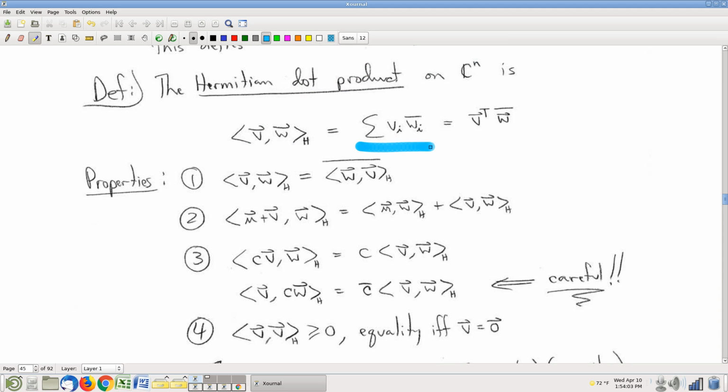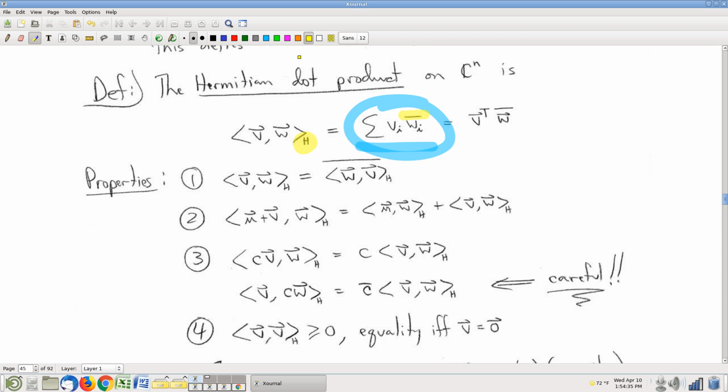It's a sum of products. Kind of looks a lot like the good old, plain old dot product. Key difference, this is weird, but you conjugate the coordinates of the second vector. That's what makes this a Hermitian dot product, with the little subscript of H there, representing it being a Hermitian dot product. Conjugate the coordinates of the second vector before you multiply and then add.